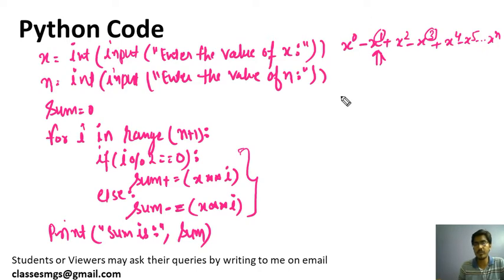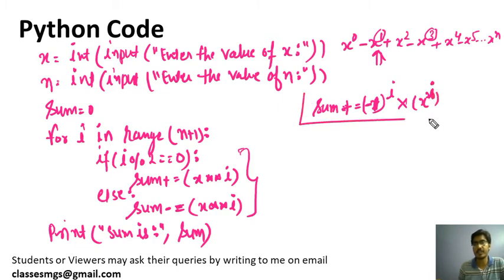So you can use this formula also: sum plus equals minus 1 raised to power i, and then you multiply x raised to power i, like this. This will be very similar. If you are from a mathematical background you will understand, otherwise let me explain it to you.